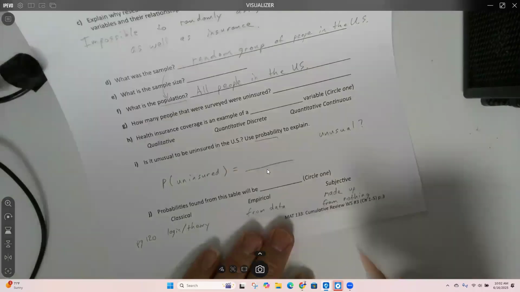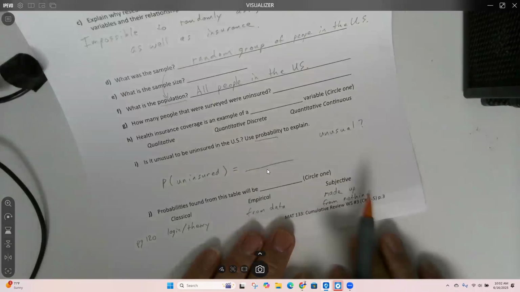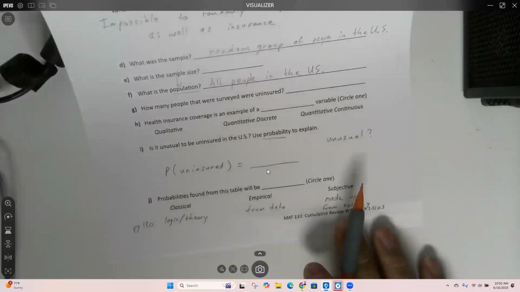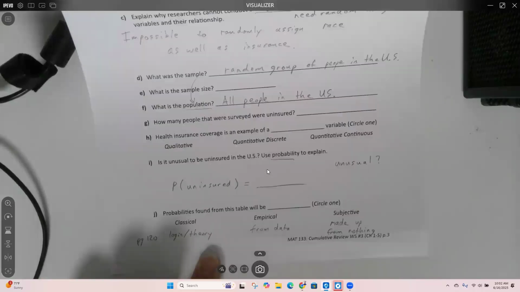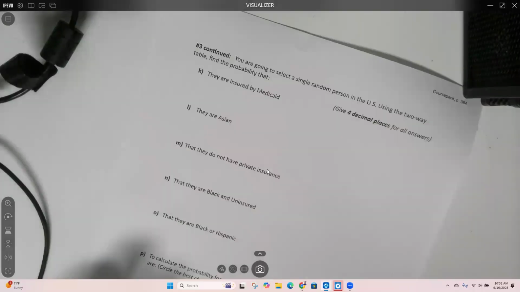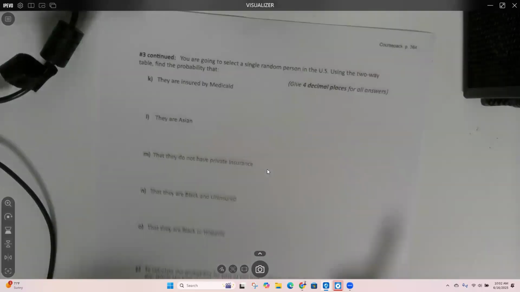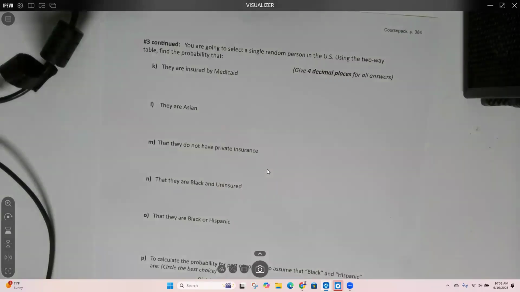It's made up from nothing, but subjective probabilities still have some value. All right, one more page, and then we'll start doing some math together. That's the exciting part, right?